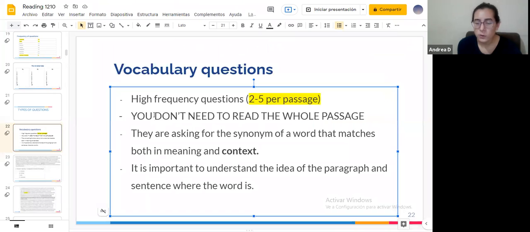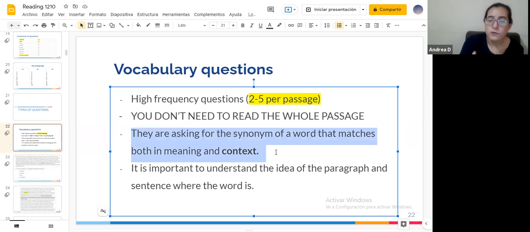They are quite quick if you know the word, and even if you don't and you have to guess by context, they're not going to take more than 1 minute. That's why I like them. What they're asking for is the synonym of a word, but that word needs to match both in context and in meaning. So it's not enough to know the word, you also have to make it match the context. Okay, so we're going to see how that works.